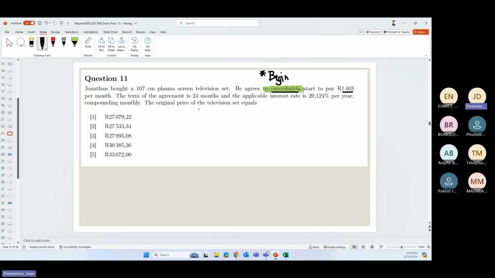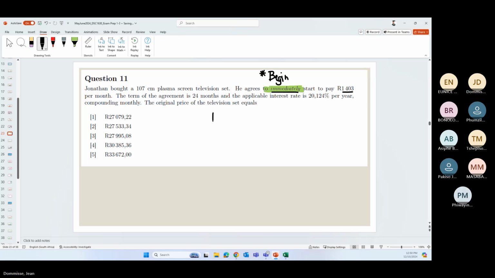What is the original price of the television set? Okay, so we need to work out a present value. That is what we need to get to. So important on the calculator, begin.